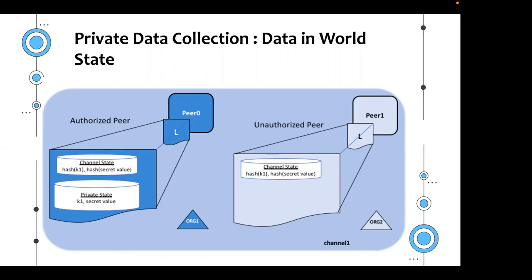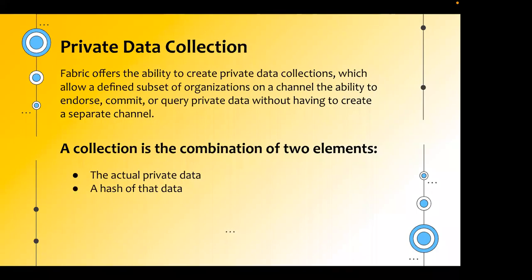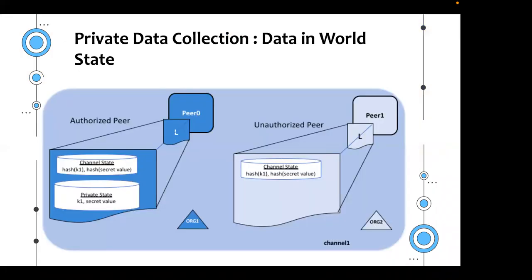In the private state, you will have the complete data, the actual private data and the hash of that data. So the private data state holds the actual K1, but in the channel state, only the hash of K1 will be available to everyone.